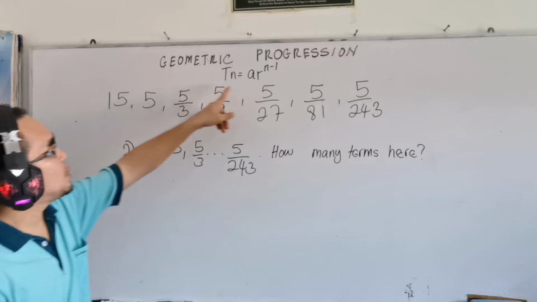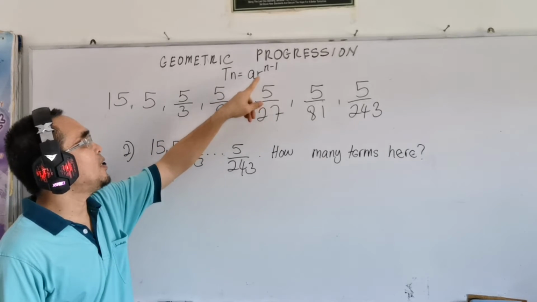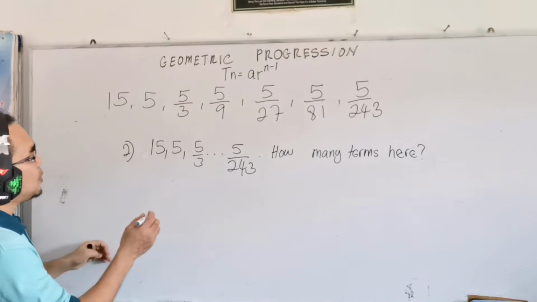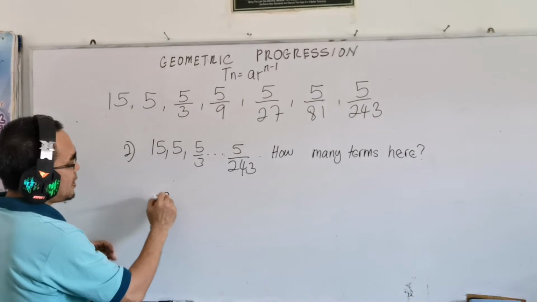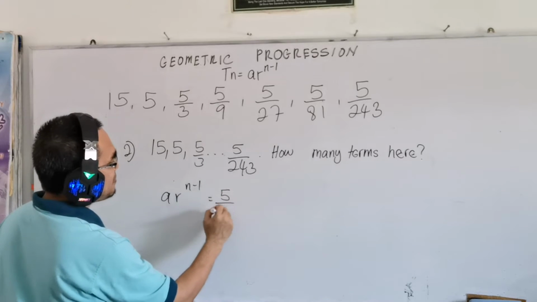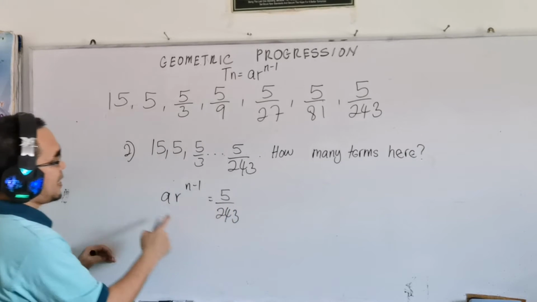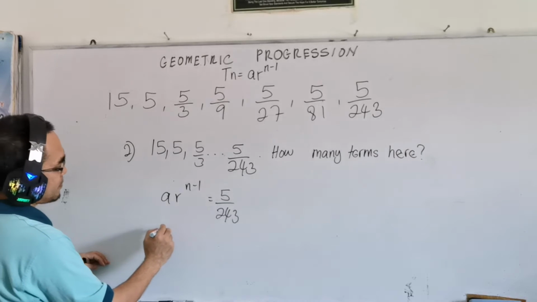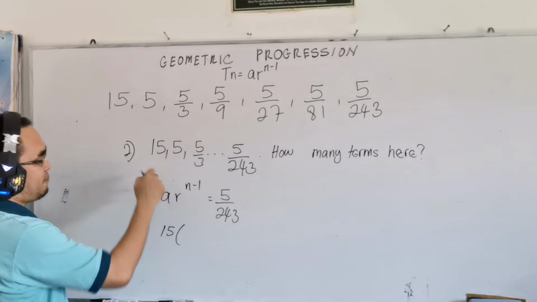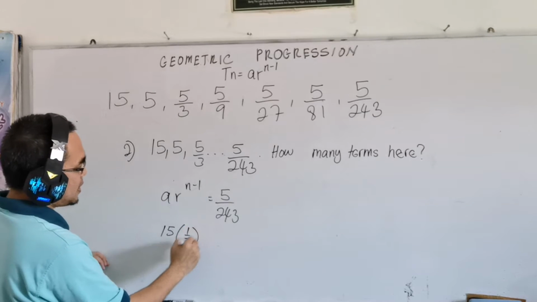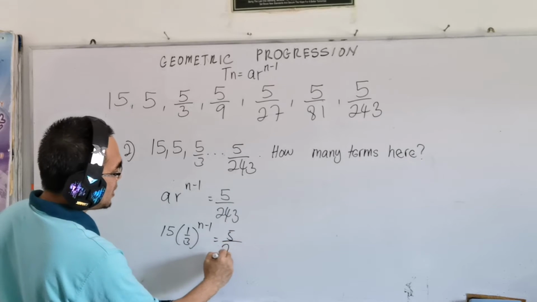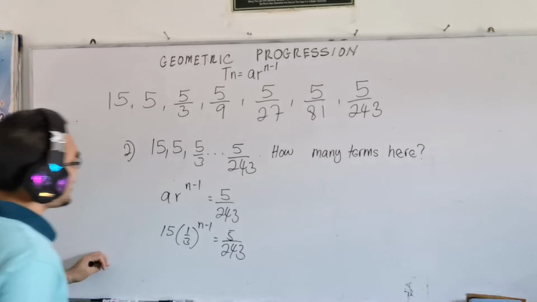Using the formula, Tn equals A R to the power of n minus 1, equal to the last term given. Then substitute: A will be 15, and R will be 5 over 15, which is 1 over 3, to the power of n minus 1, equals 5 over 243.